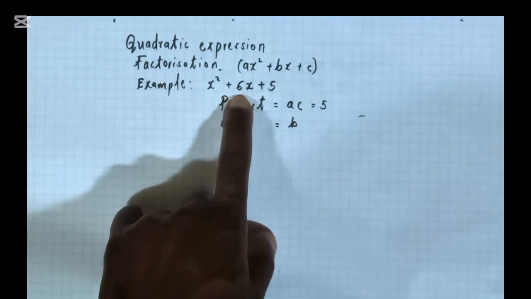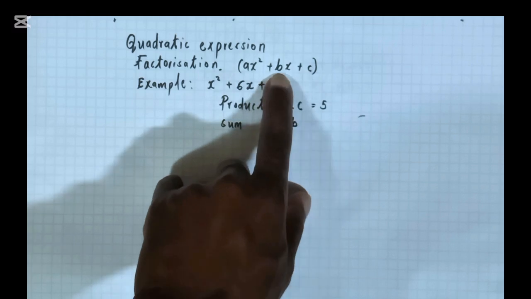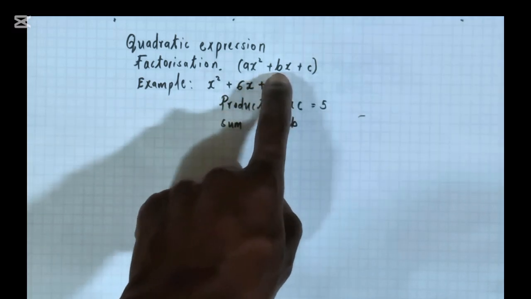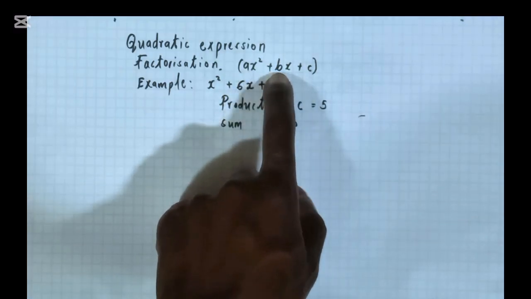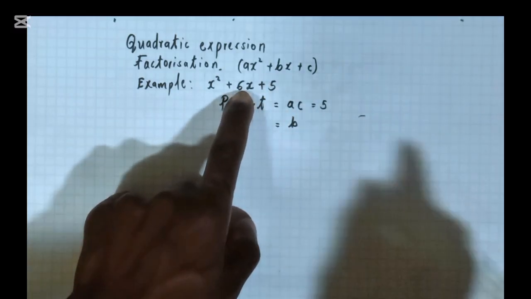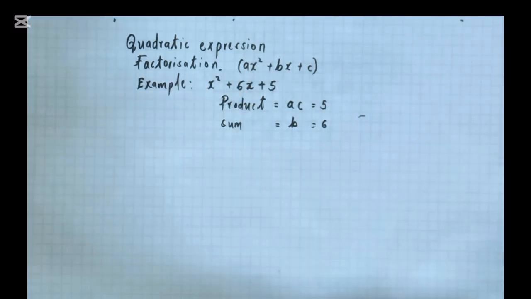We're having ax squared plus bx plus c, so when looking at sum, always think of b. b is the coefficient of x, which in this particular case happens to be 6.